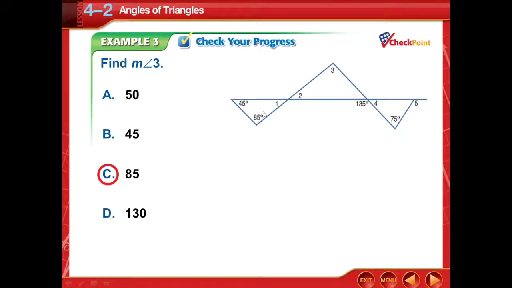The correct answer is C because I know since these two add up to 130 degrees, angle 1 is going to be 50. Well, angle 1 is equal to angle 2 because they are vertical, and angle 2 and angle 3 add up to 135. Since this is 50, I would take 135 and subtract 50, and that gives me that angle 3 is 85 degrees.